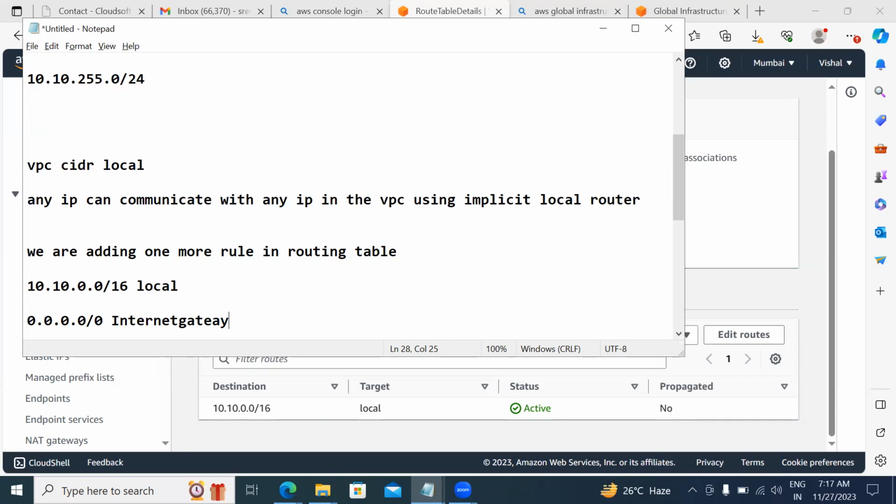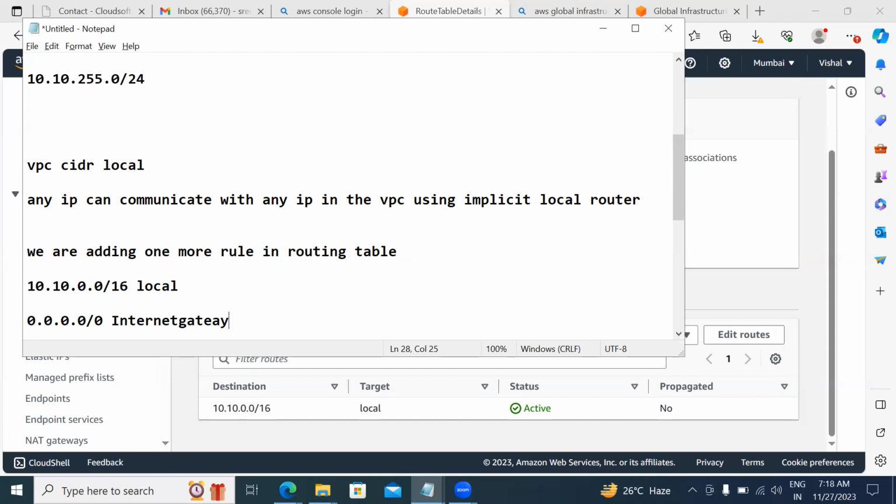If any other IP comes, use, instead of the router, the internet gateway.